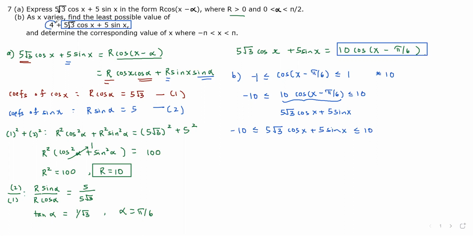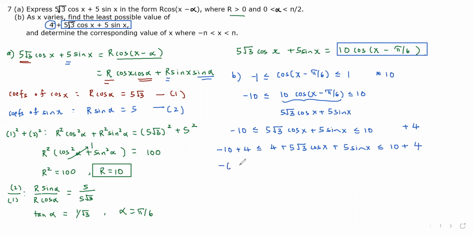There is a 4 here, so we add 4 throughout. Then we have -10 plus 4 less than or equal to 4 plus 5 root 3 cos x plus 5 sin x less than or equal to 10 plus 4.